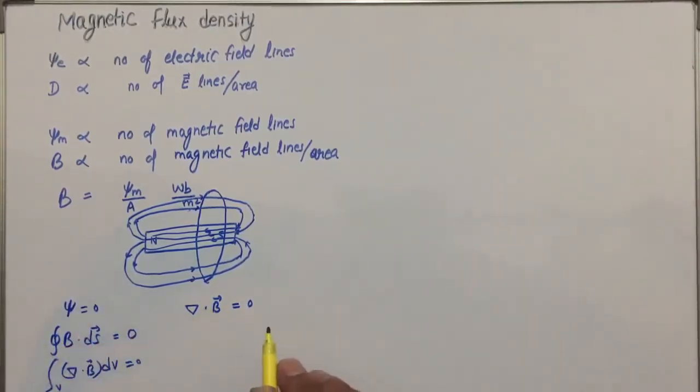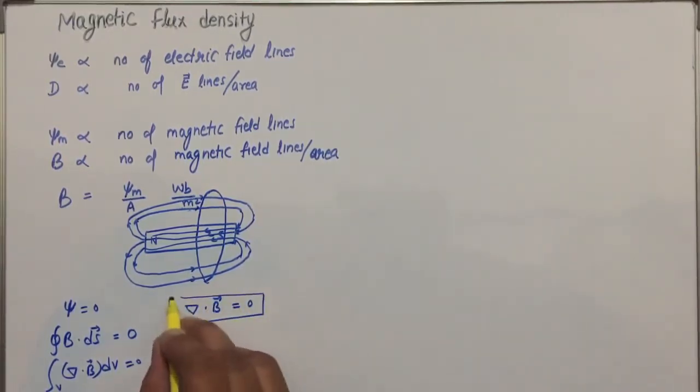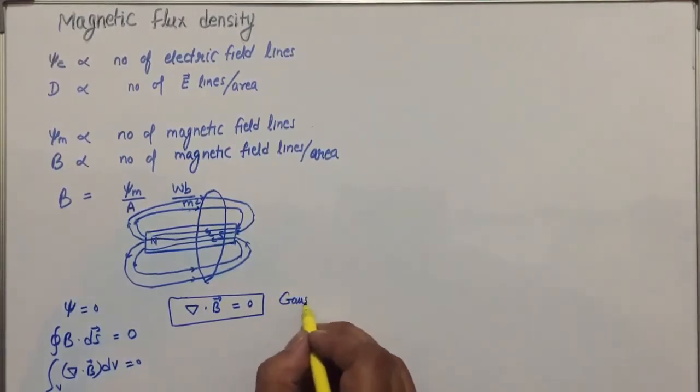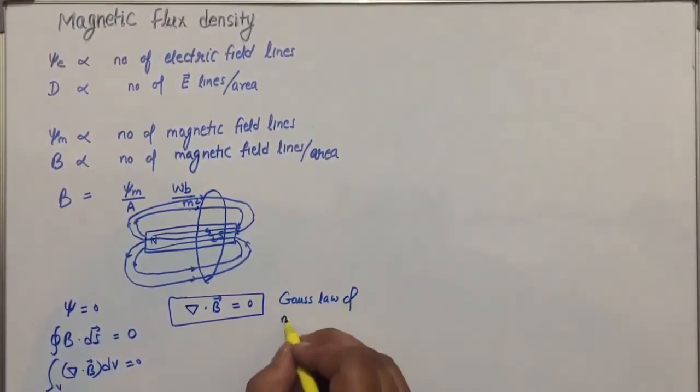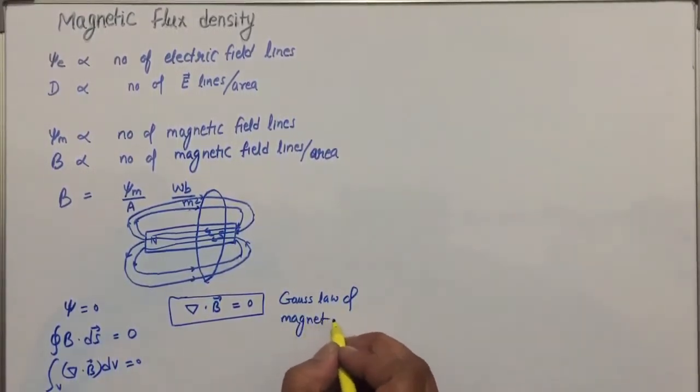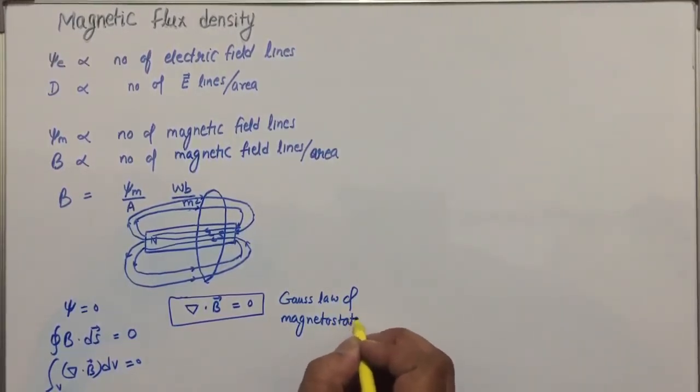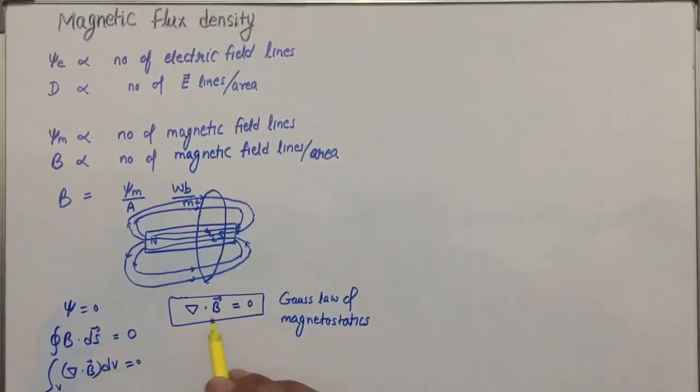Similar to electrostatics, this is the Gauss law of magnetostatics. This is also known as the divergence of magnetic flux being equal to 0.